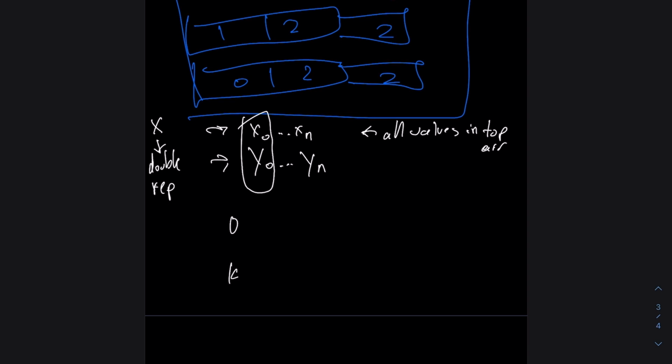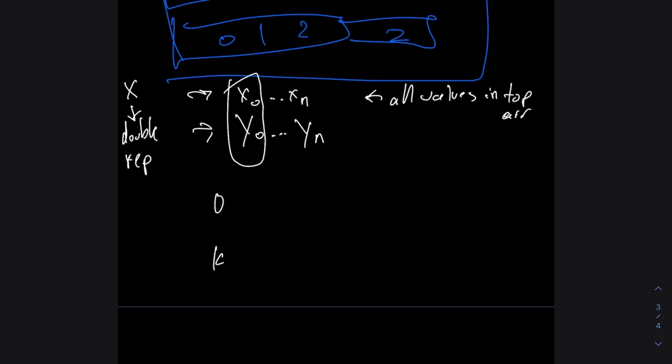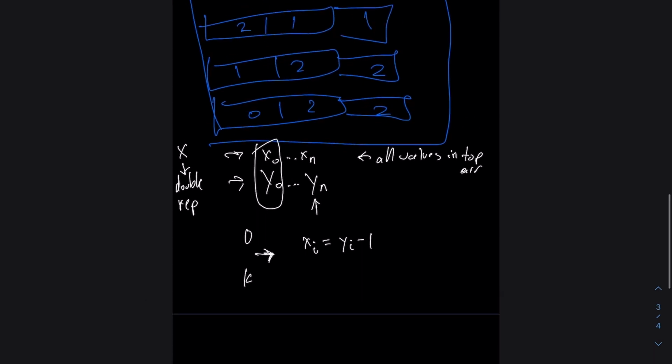So after we get that out of the way, from there on out, we have a very formulaic expression that we can use to build all the way up to xn and yn. And that is x at i is equal to y at i minus 1, right?